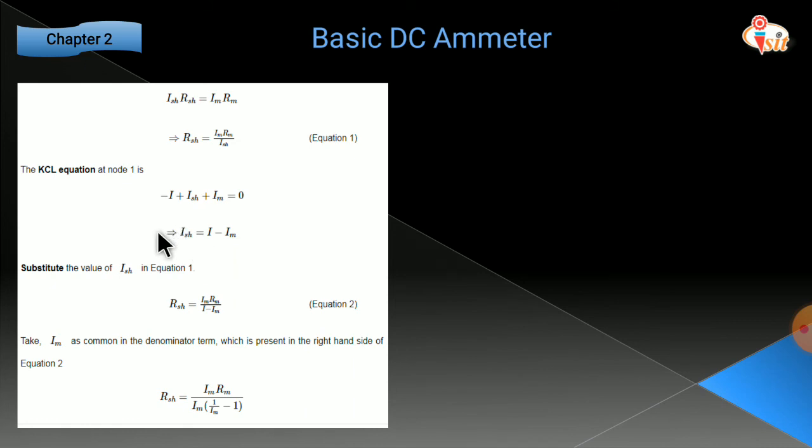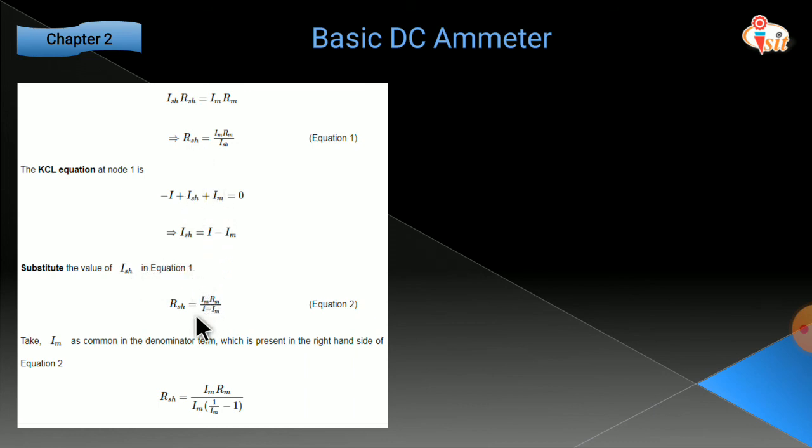Now ISH is equal to I minus Im. This is the value of ISH, and we put it in equation number 1. Now RSH is equal to Im into Rm divided by I minus Im.